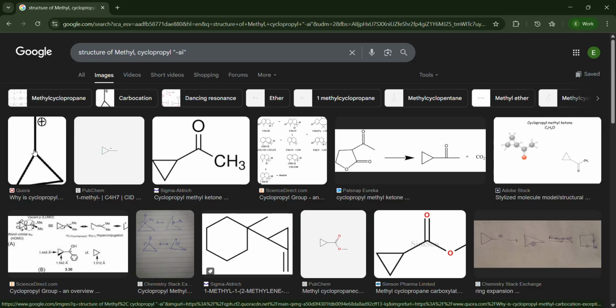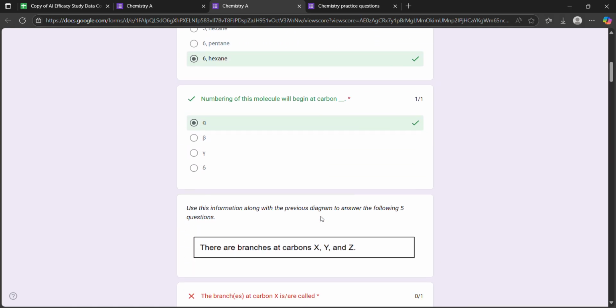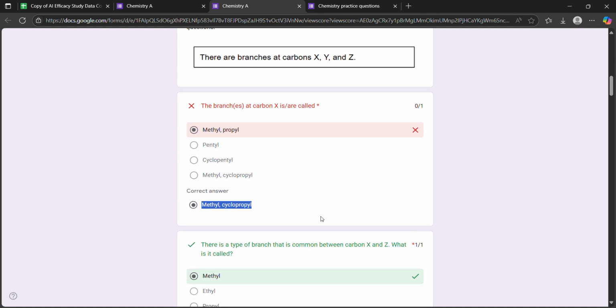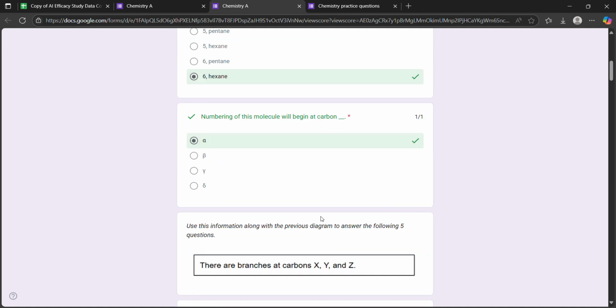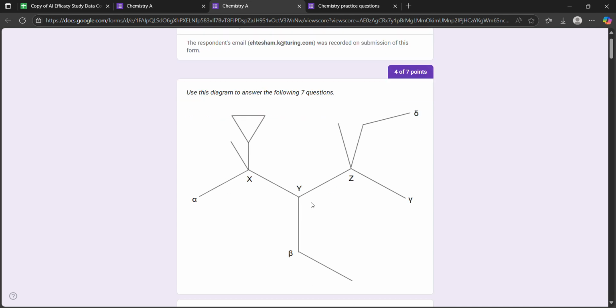I think that triangle-like thing with the branch is called cyclopropyl. This is cyclopropyl methyl ketone. Okay, got it. So that is called methyl cyclopropyl. I think this is the methyl group and this is the cyclopropyl group.